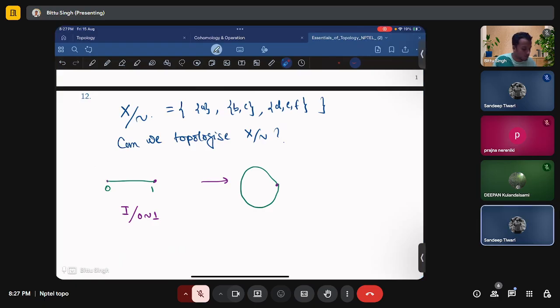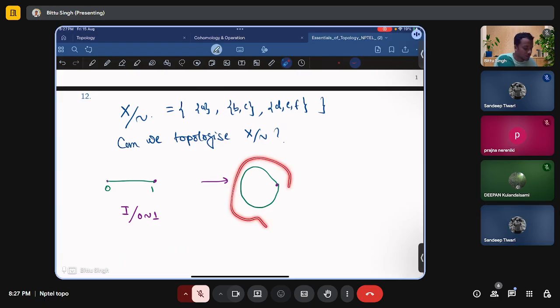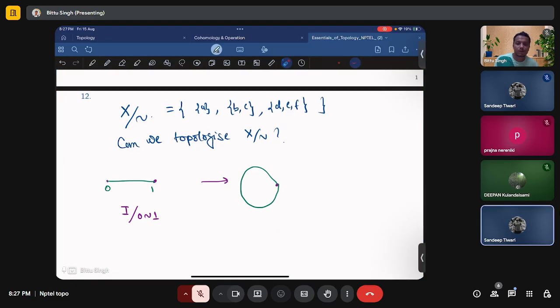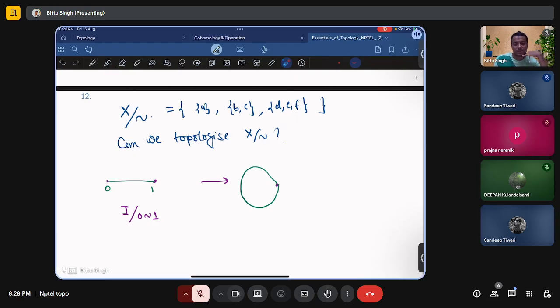So can you topologize this circle? Sir, in R2, take intersection with an open disk. Yes, that is okay, but I'm not thinking of it as a subspace of R2. Now, can you use this topology to topologize this?